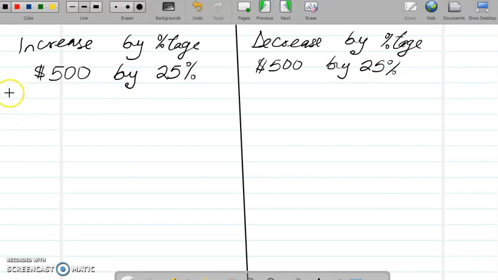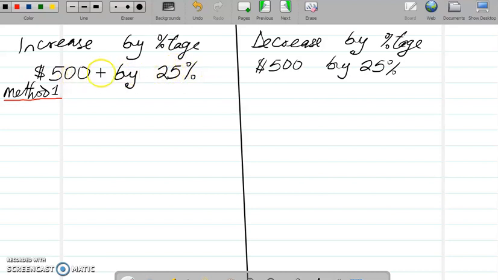Now the method one I'm going to apply here says that what I have to do is, first of all, find the 25% of 500.